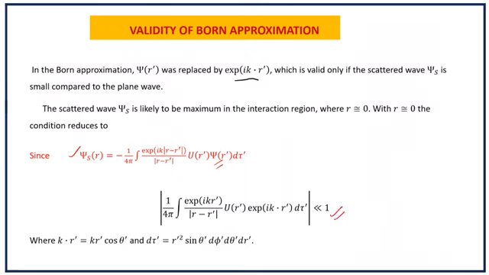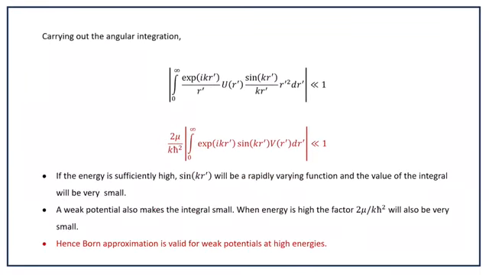If we use spherical polar coordinates, the volume element d tau dash is equal to r dash square sin theta dash d theta dash d phi dash dr dash, then this equation becomes this equation. u r dash is equal to twice mu V r dash upon h cross square.